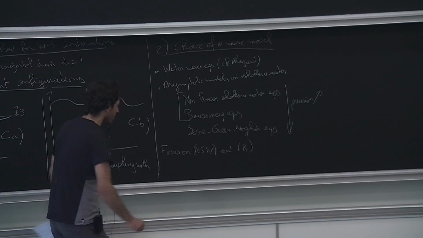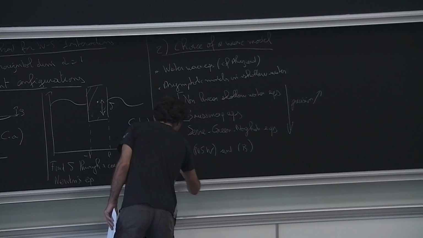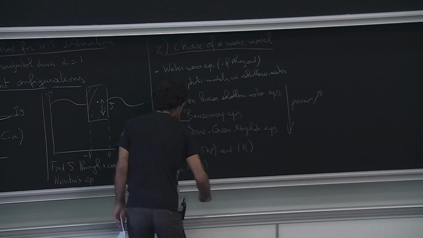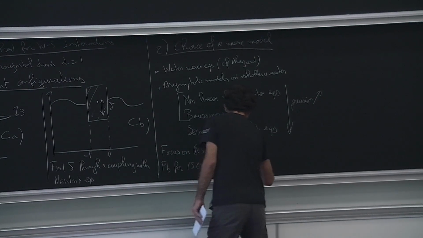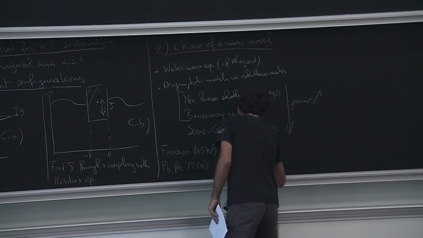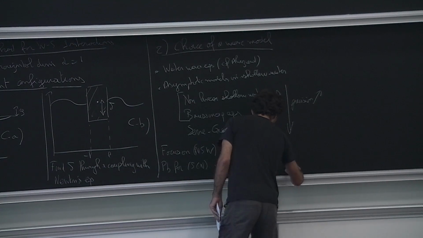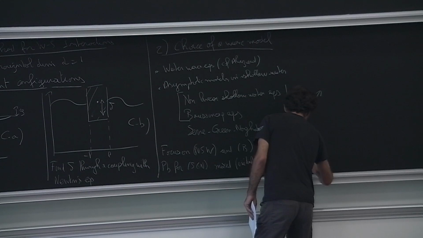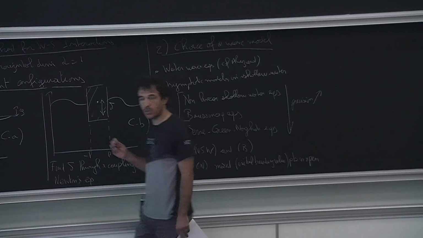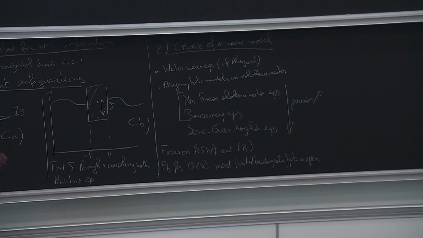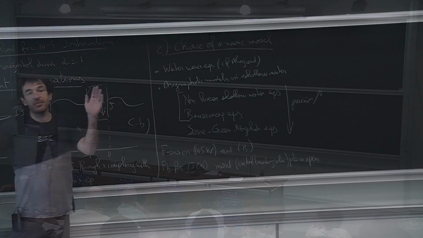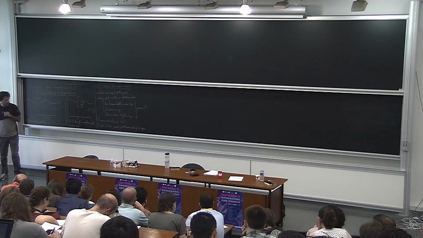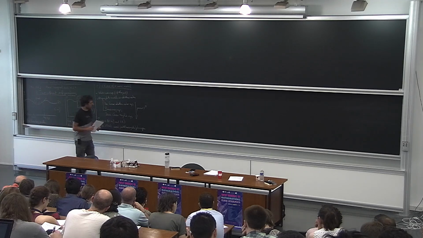The problem for Serre-Green-Naghdi is that the mixed initial boundary value problem is open. It means that we are not able, for the moment, to prove that the Serre-Green-Naghdi equations are well posed if, for instance, on the half line, you impose an initial data and a boundary condition. Okay? While we are able to do this for these two equations.